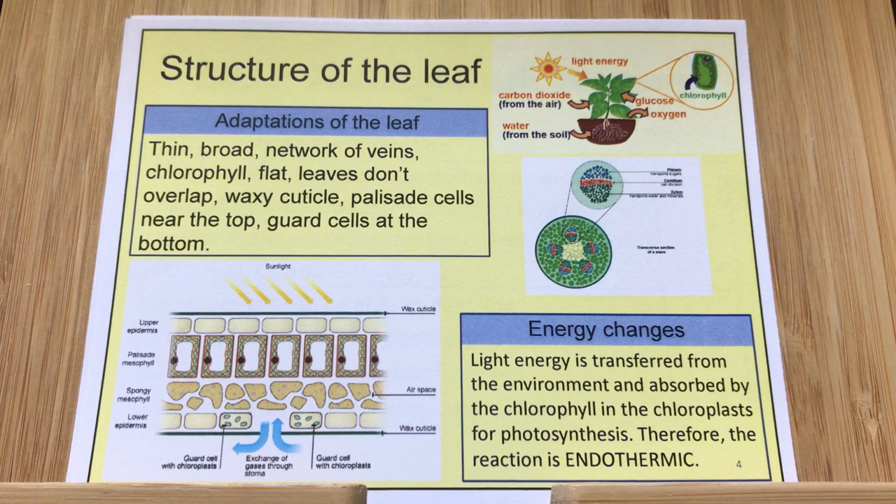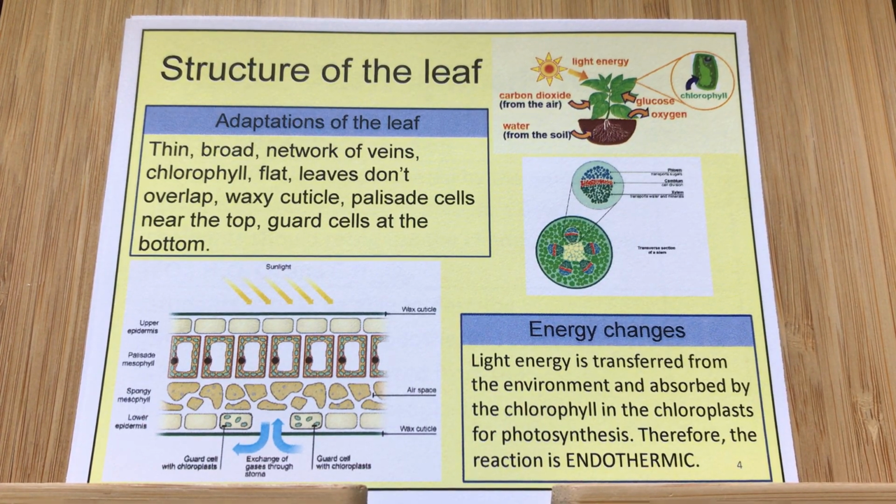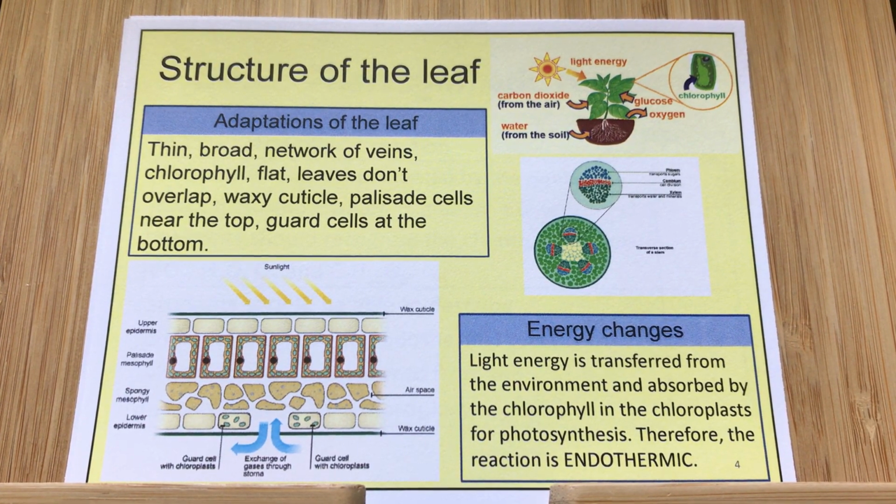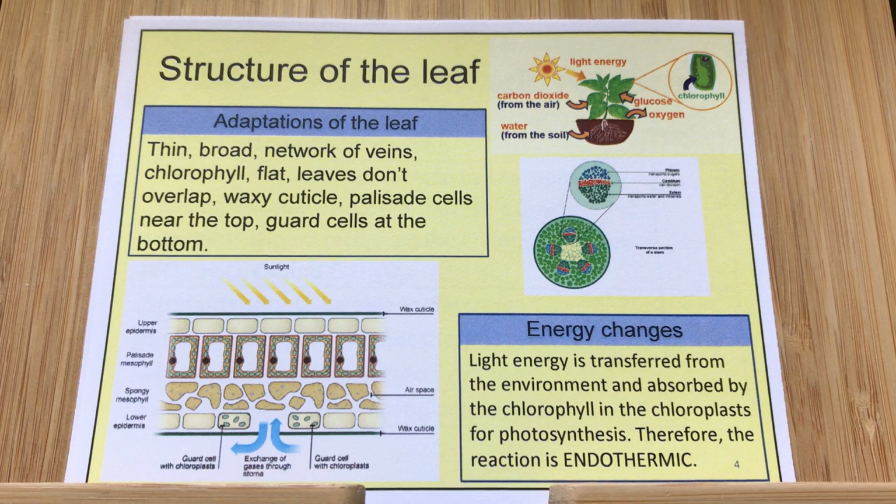We've got the organs of the plant. So an organ is a collection of tissues working together. So the leaf is an organ, the stem is an organ, the roots are an organ, and the flower is an organ. And we can see from that picture top right that we've got light energy being absorbed by the chlorophyll.